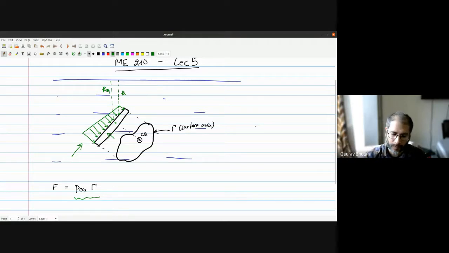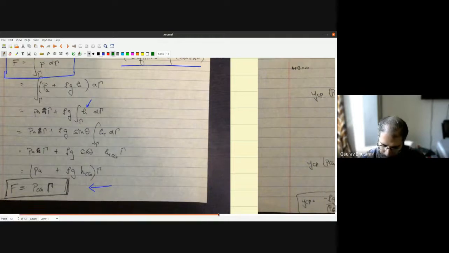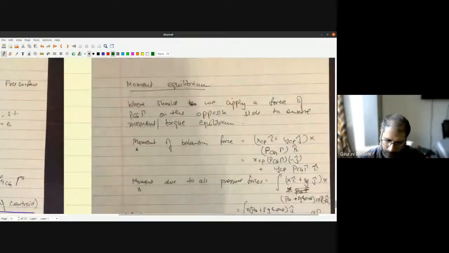Okay, so the next part is to calculate the moment. I'll go back to that derivation to save some time here. So next is moment equilibrium.